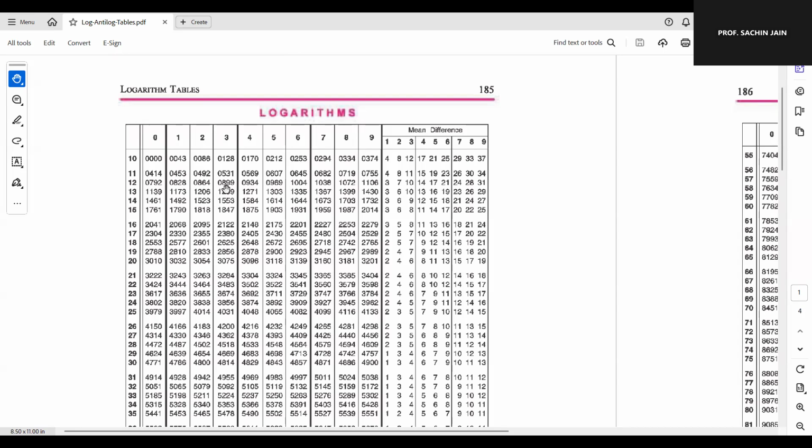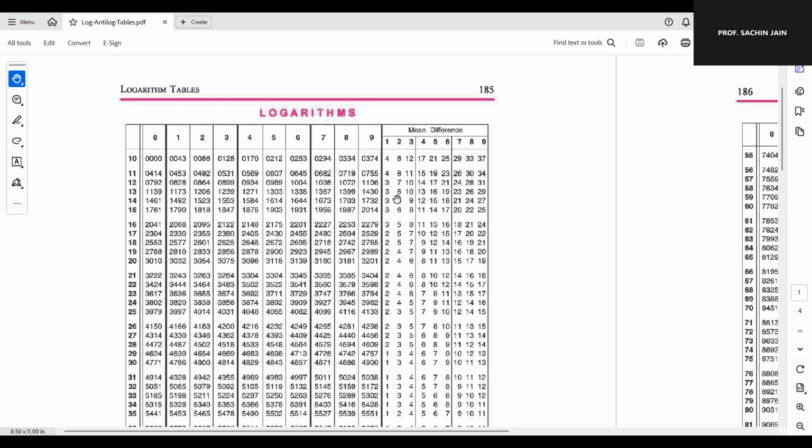So 12 का 3, what's the value? 0899. एंड उसी के अंदर 4 आप करस्पॉन्ड करोगे मीन डिफरेंस में तो you'll get 14. आर यू गेटिंग 12 के 3 में 0899 एंड उसके करस्पॉन्डिंग 4 में 14?